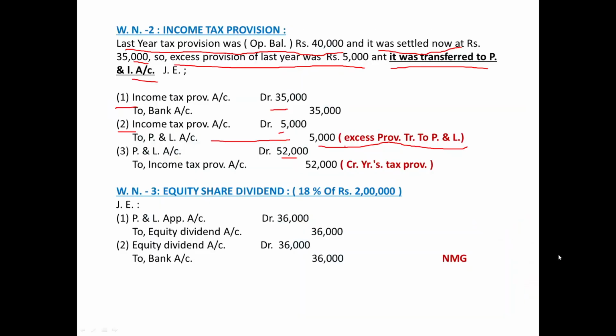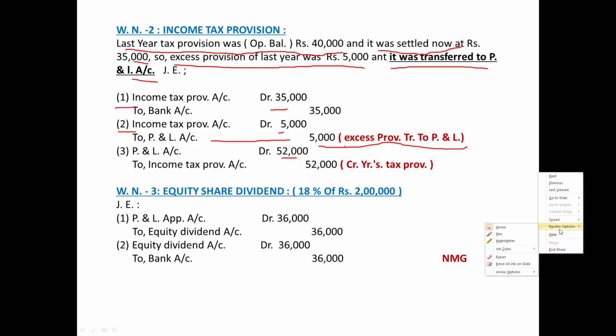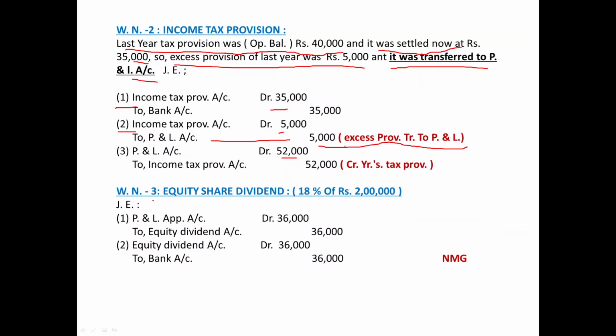So let us prepare a working note for the equity dividend. First journal entry. Working note number 3. Equity share dividend, 18% of 2 lakh, that is 36,000.